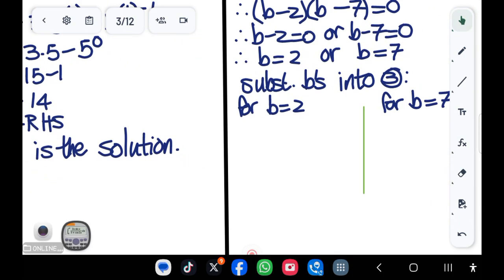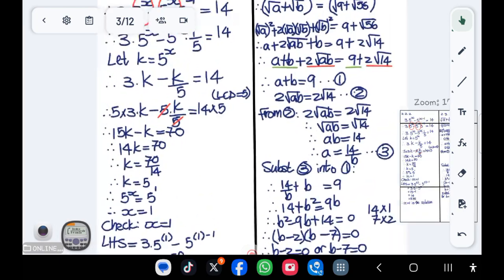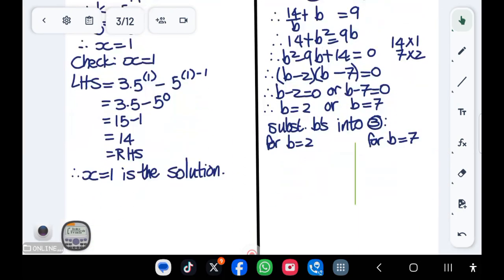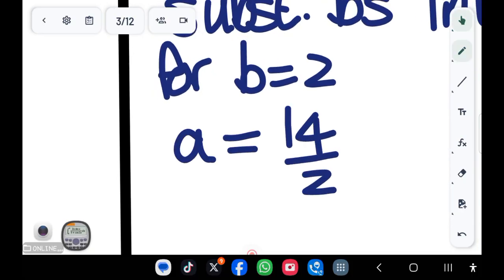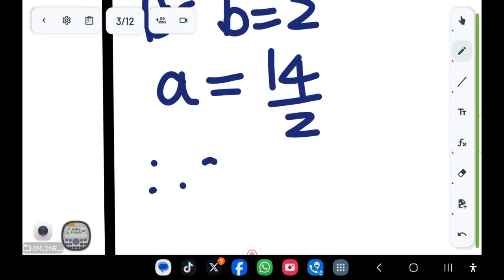On the left, when b equals 2, we go back to equation 3. A equals 14 over 2, and that is equal to 7. Therefore, a equals 7.